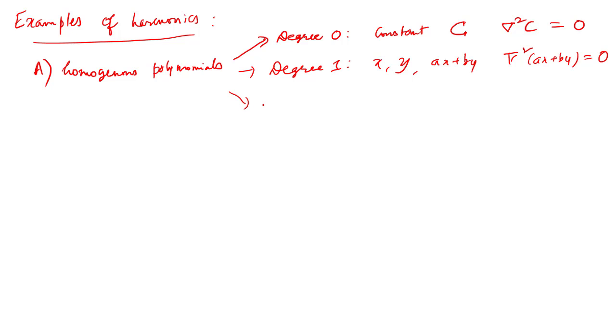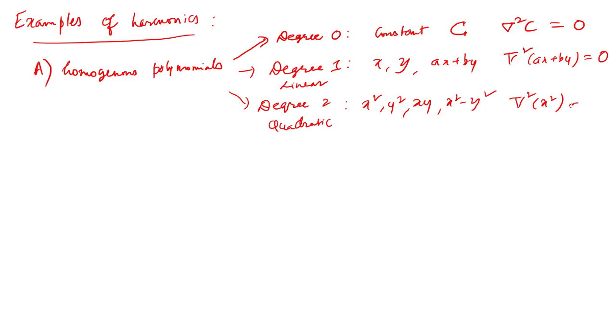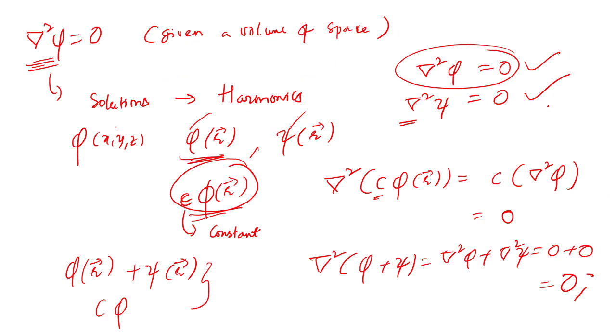Then you could have degree 2, that is quadratic. So these are linear polynomials, and then degree 2 would be quadratic, right? This would be something like x squared, y squared, xy, x squared minus y squared, and so on and so forth.